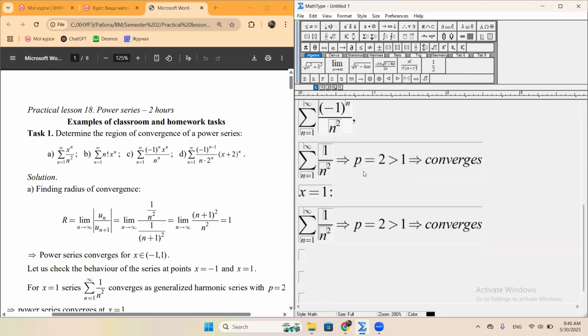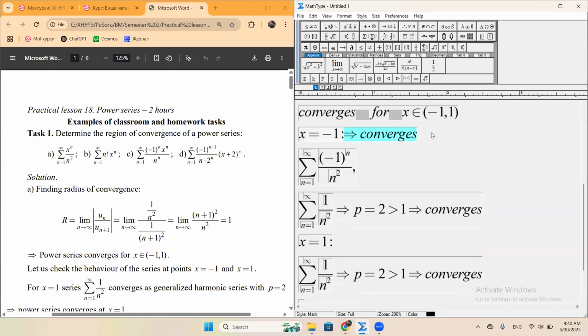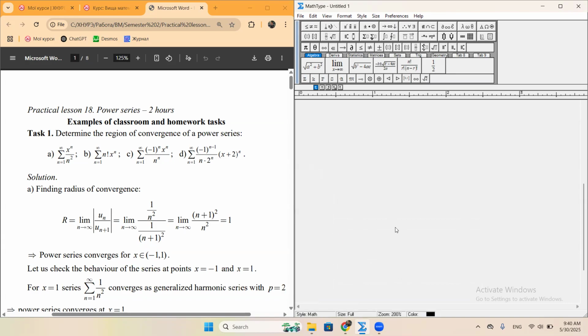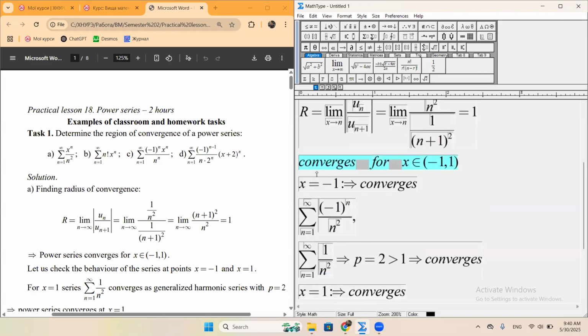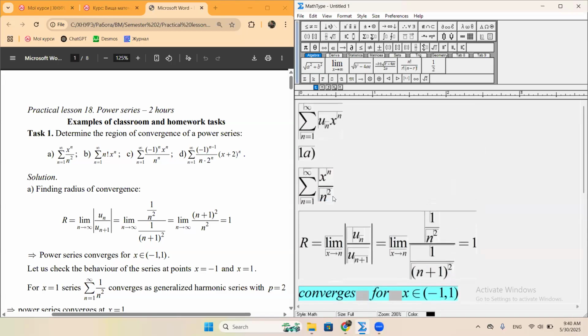So for x equals 1, the power series converges. Finally, we conclude that this power series converges for x from -1 to 1 inclusively. This is the region of convergence.